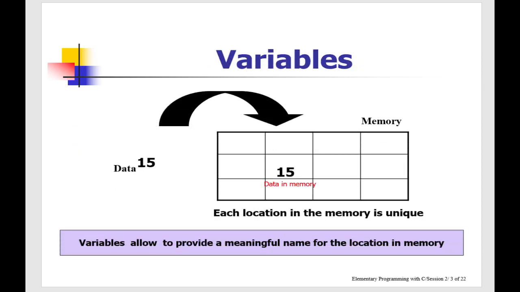A variable basically allows you to provide a meaningful name for a location in computer memory. What exactly are we talking about? Assuming that you have this value 15, and let's say it's the price of a commodity, you are preparing some sort of a budget, let's say for your family or your own personal budget.